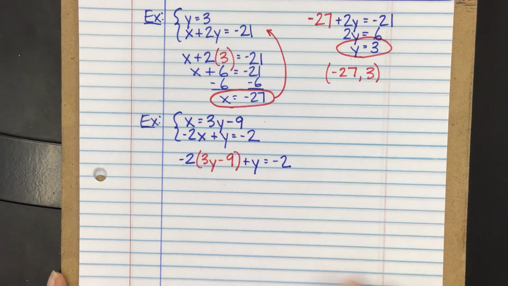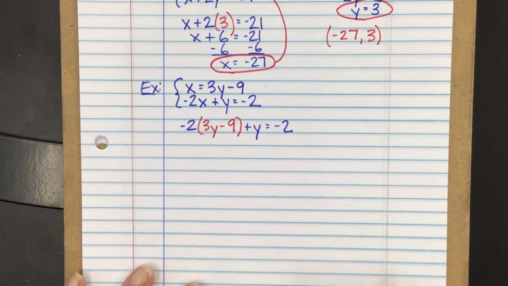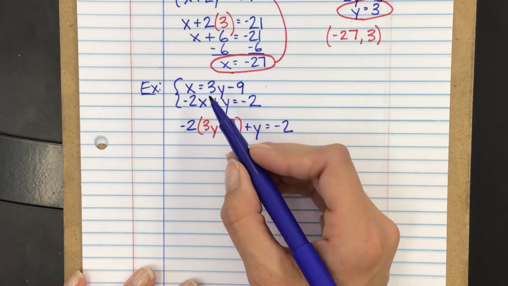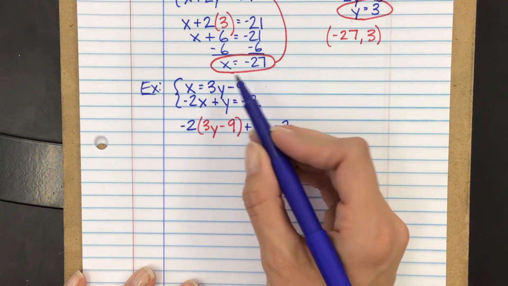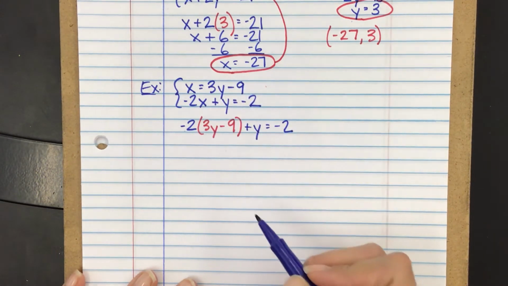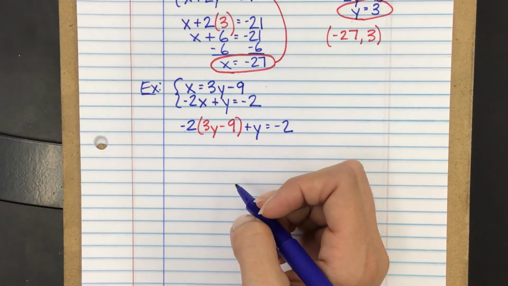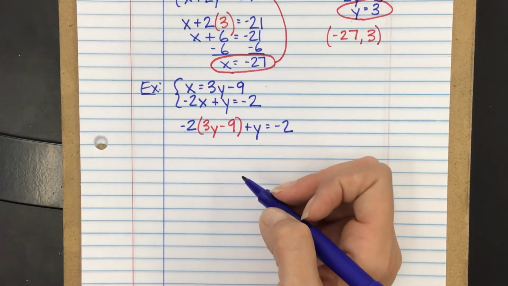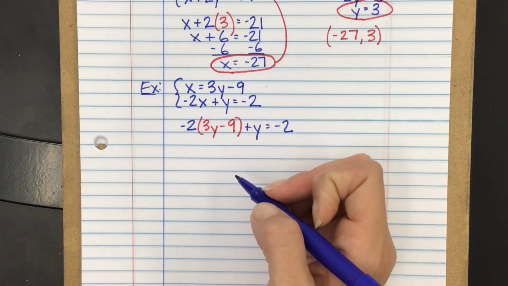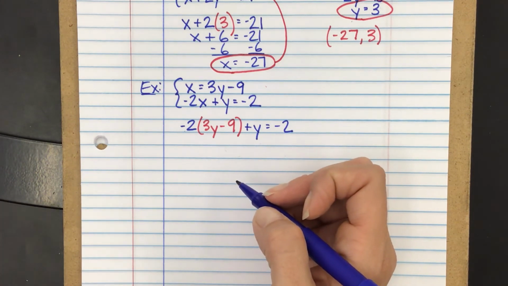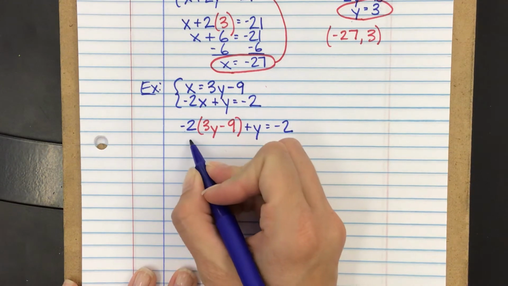It's loud. Okay, so what I did is I just plugged in the value for x, and this is the value of x. Now what I'm going to do is, just like when we were solving multi-step equations, you always distribute first, combine like terms, then solve for your variable, okay? So I'm going to distribute here.